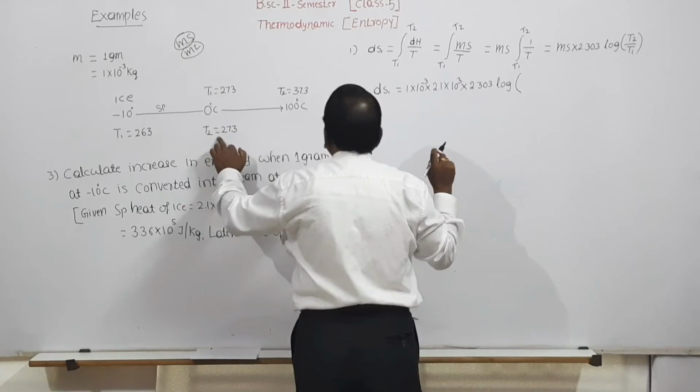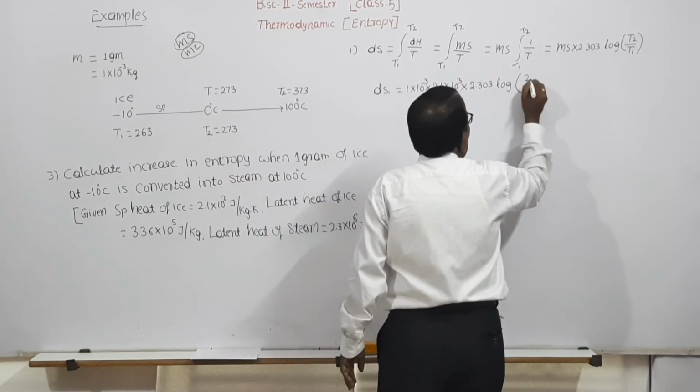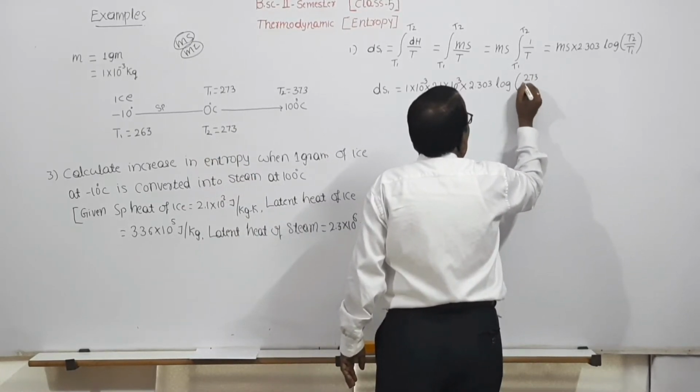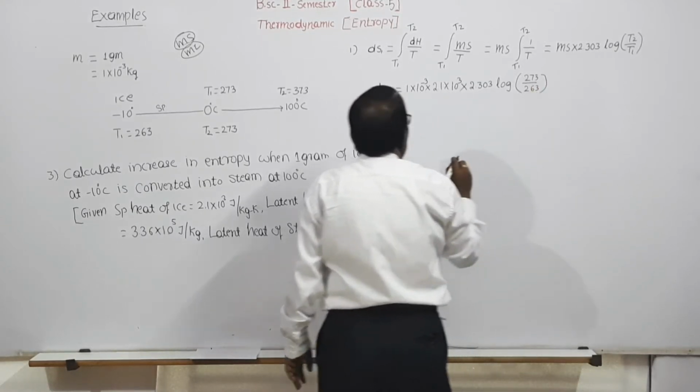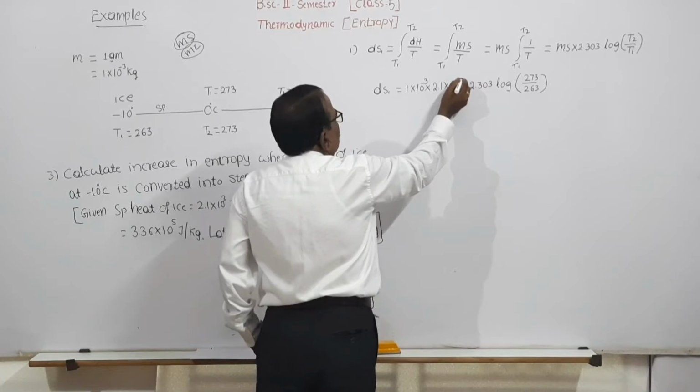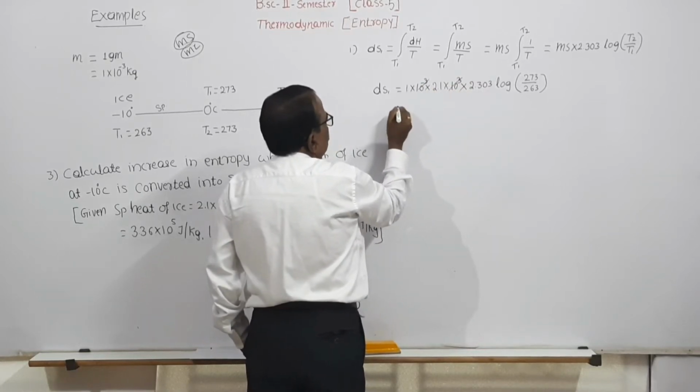T2 is 273 divided by 263. This 10 raised to plus 3 and minus 3 cancels.